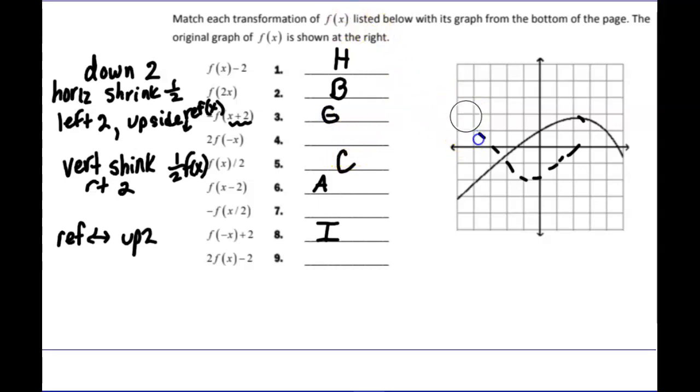All right, what does an X inside do? Yes, an X inside would take this and make it flip this way, okay? I did a crummy job. But then it also has a 2 out front, which would make it actually go twice as high.